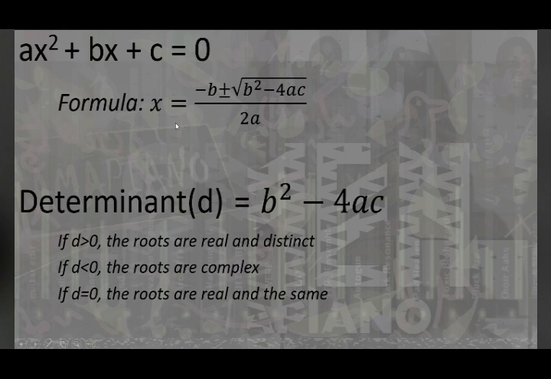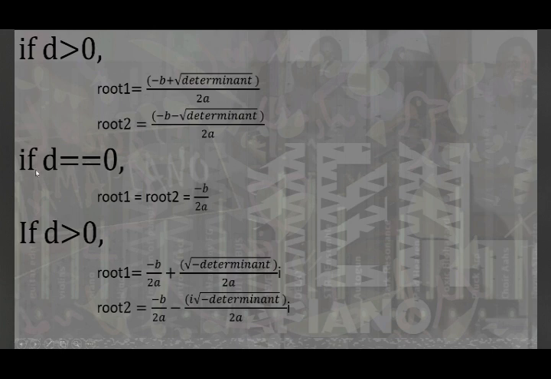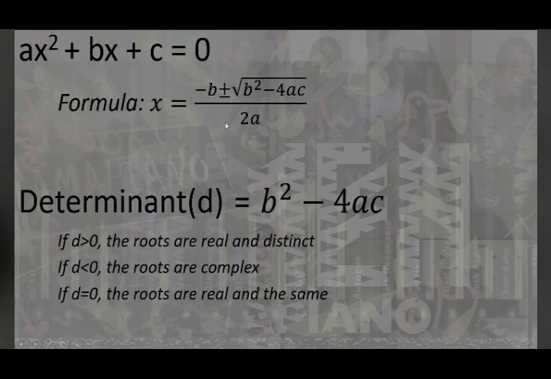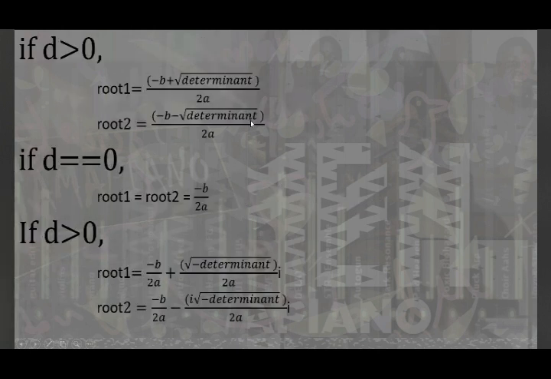That's according to the formula right there. So one is a plus, one is a minus. If the determinant is the same as 0, those roots are equal. In other words, the whole square root part of this equation is 0, so we'll only be left with minus b over 2a. So those roots will be equal.